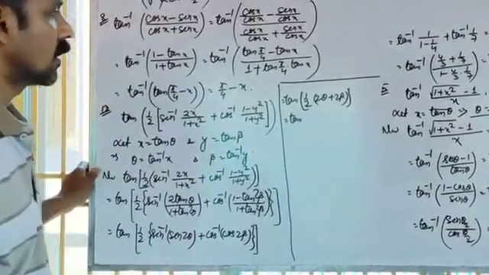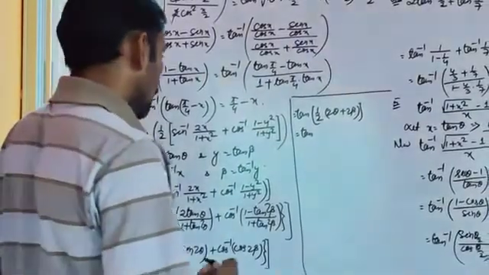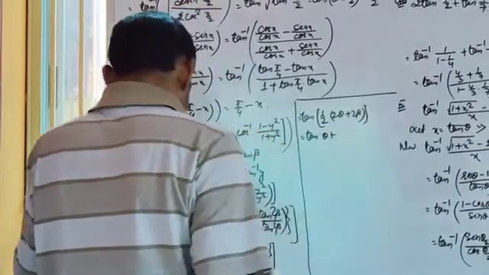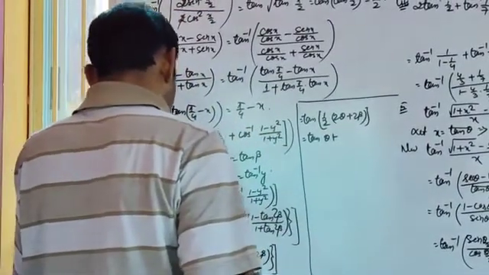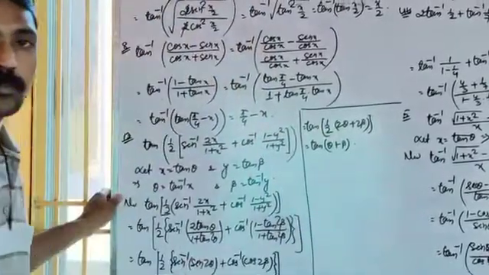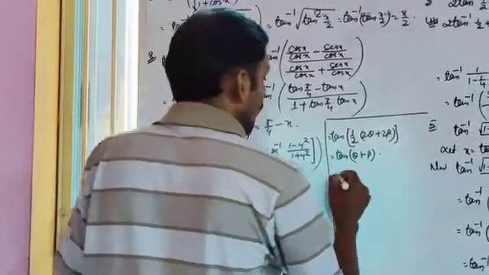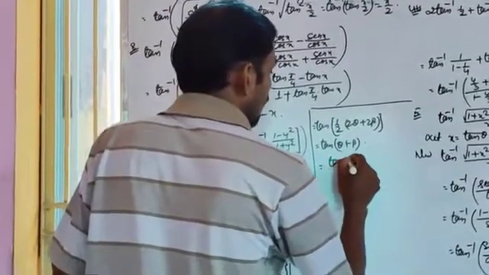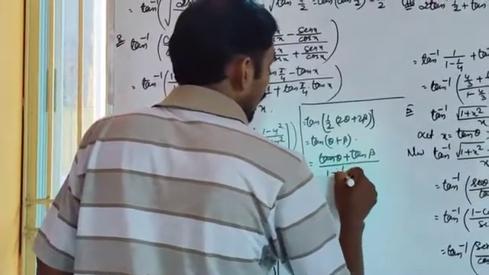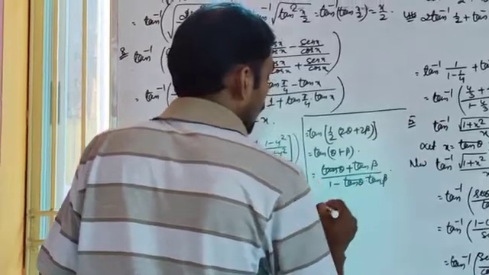The half will be common, so it is tan of theta plus beta. Now I will use the tan (a plus b) formula, so it is (tan theta plus tan beta) by (1 minus tan theta into tan beta).